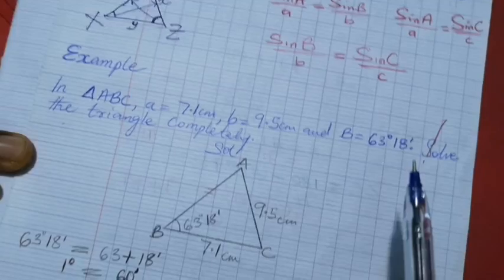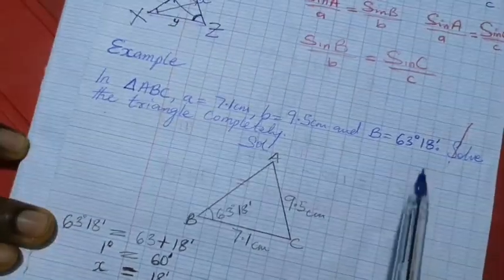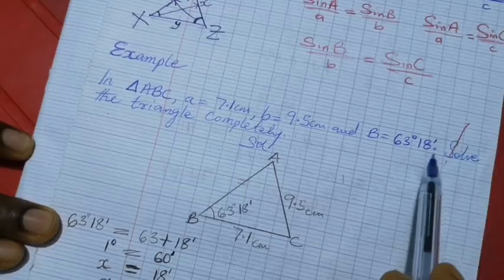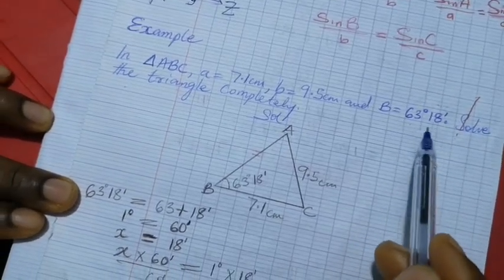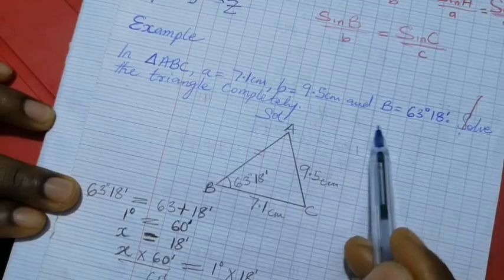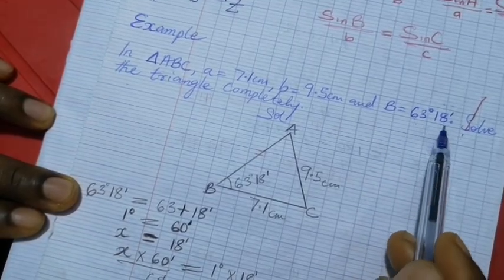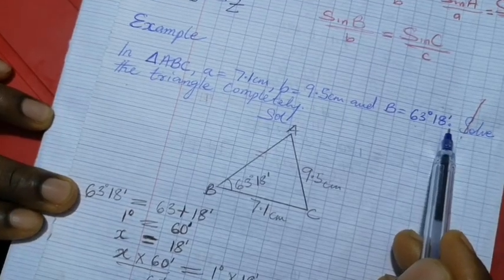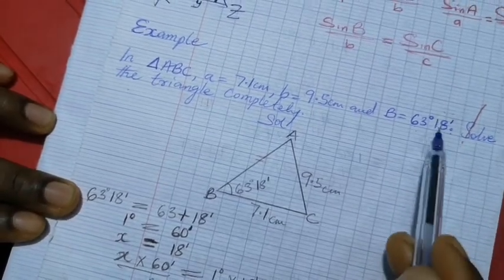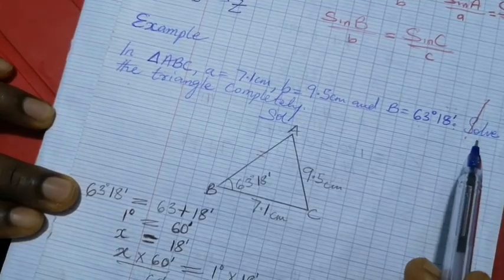Okay, so what do we do? First of all, we have to change everything here into degrees, because we have part of it in degrees and part of it in radians. So we have to convert everything to degrees. How do we do that?